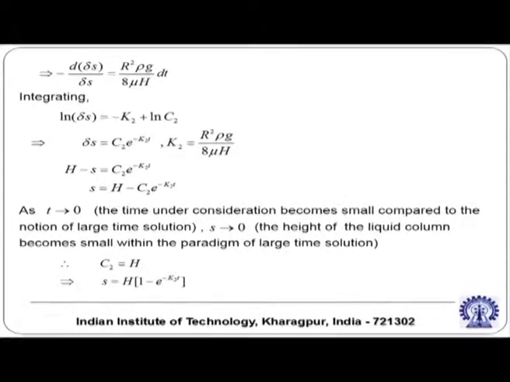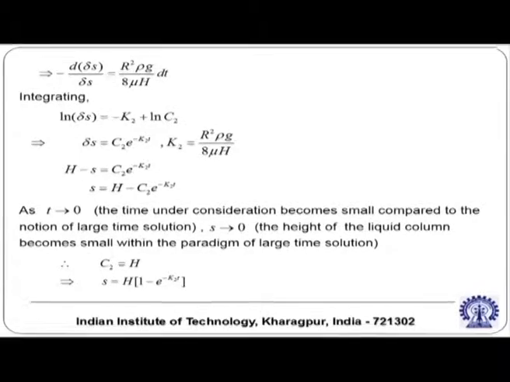So, when we are putting these as tending to 0, these are not referring to the beginning of the small time solution or the beginning of the capillary rise, but these are referring to temporal instances when the height is much smaller as compared to what you get in the large time solution. So, that is as good as tending to 0.